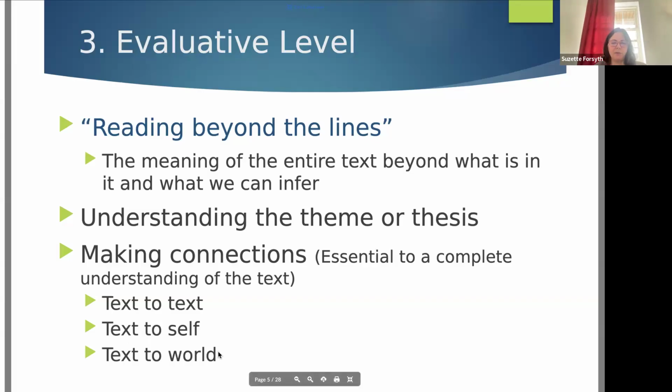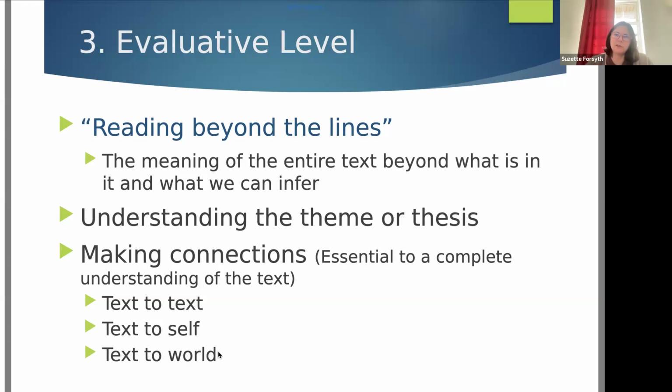And then there's text to world. So, what do you know about the world, history, present, anything going on at all outside of your personal group, your town. Even your town could be counted as text to world because it's not yourself.